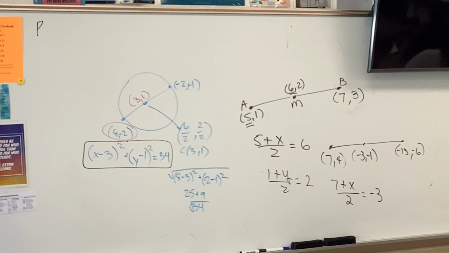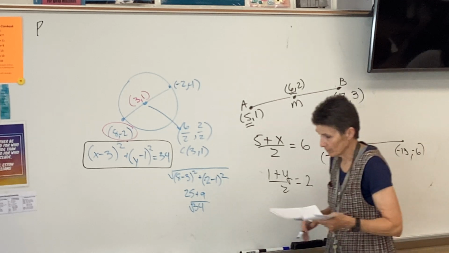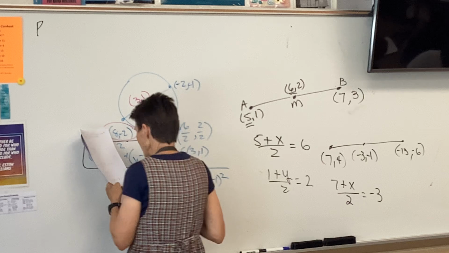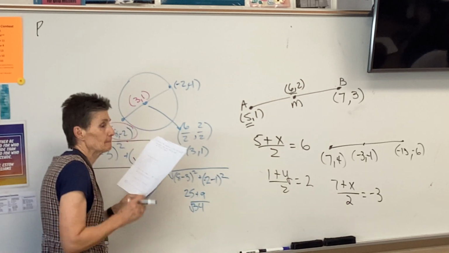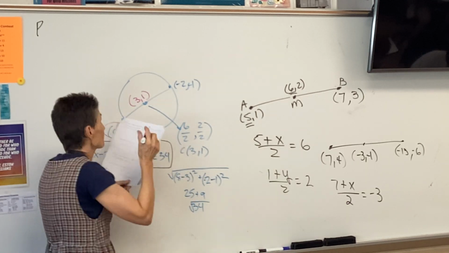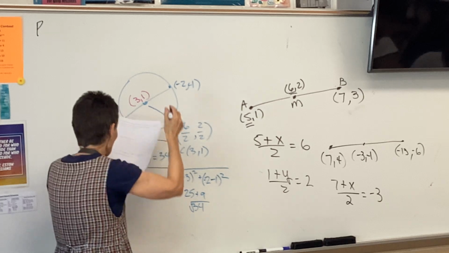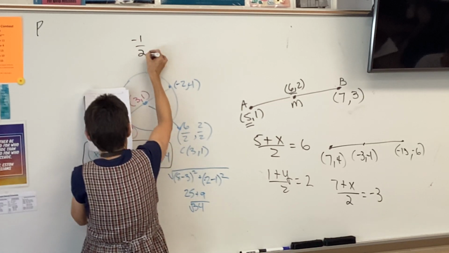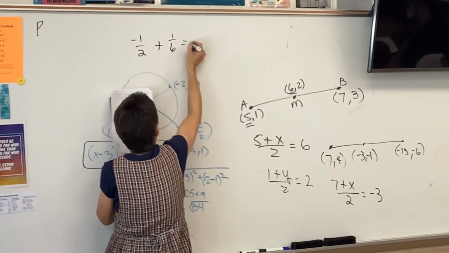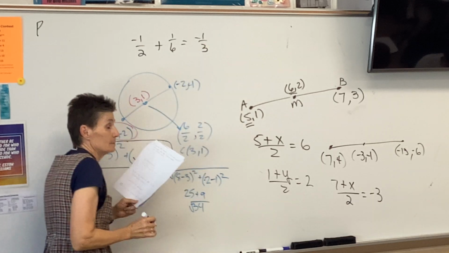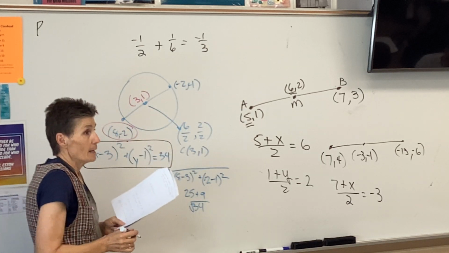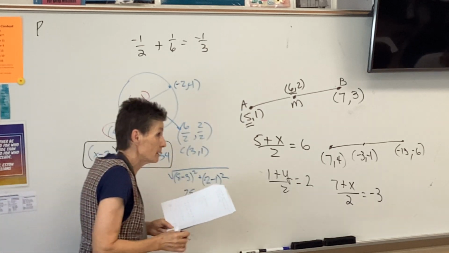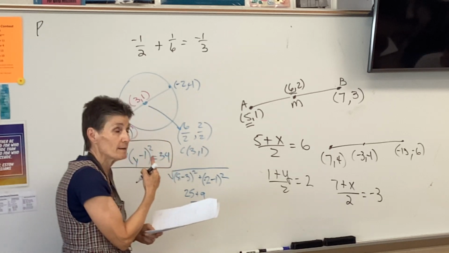Is -1 a solution of this? How would I know? What can I do to determine if -1 is a solution? Could I plug in -1? And if it's a solution, then that will be true, right?